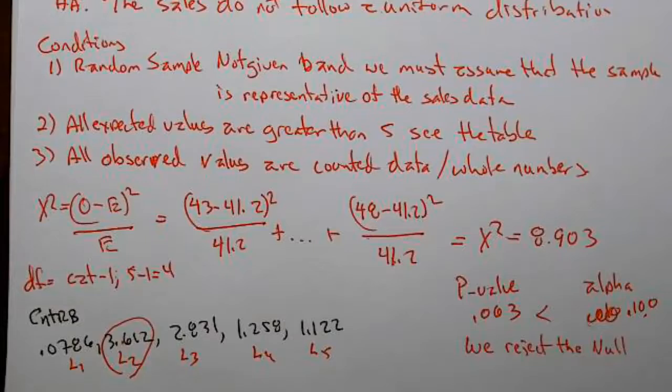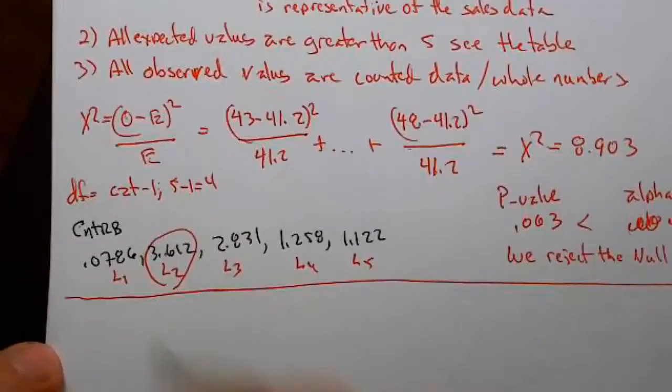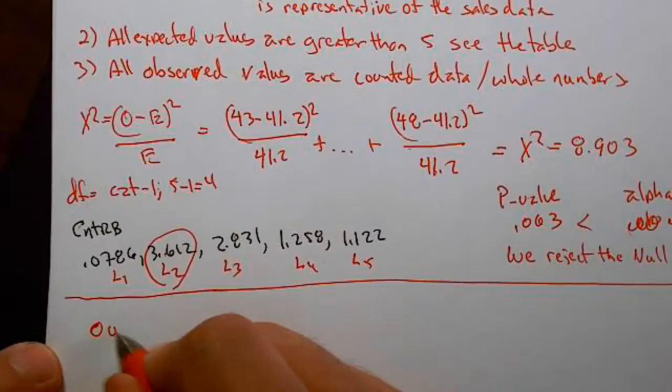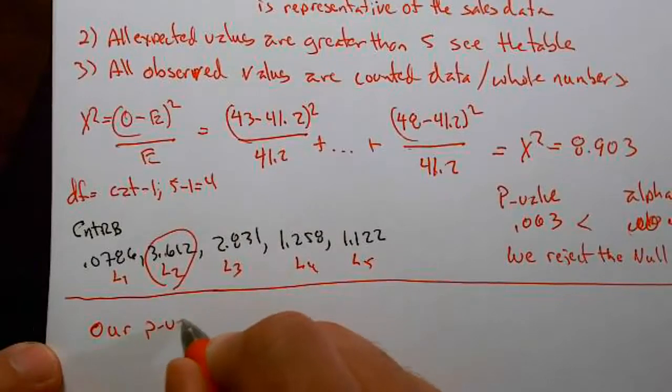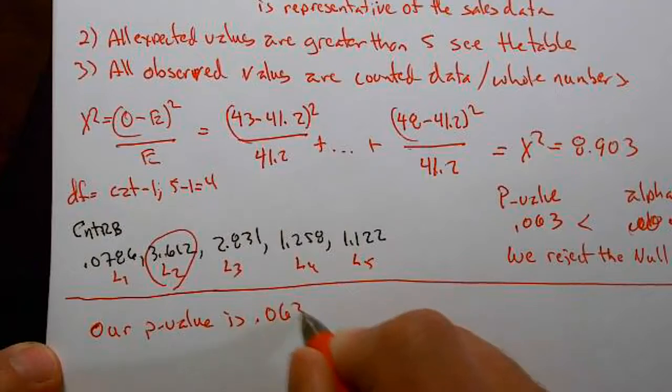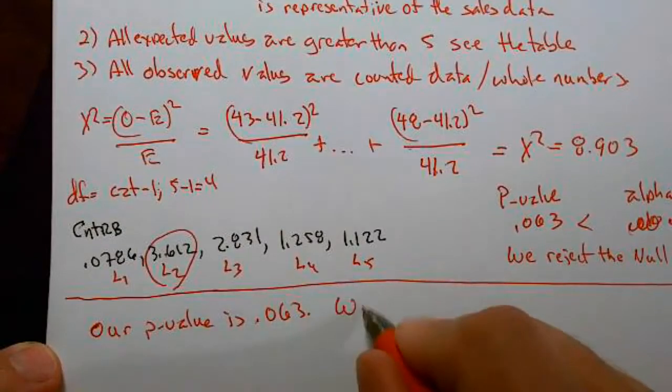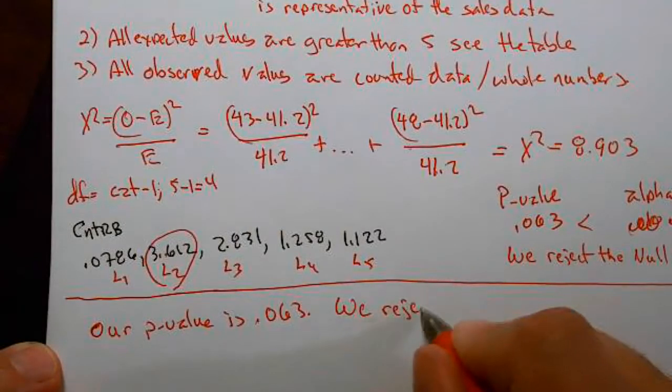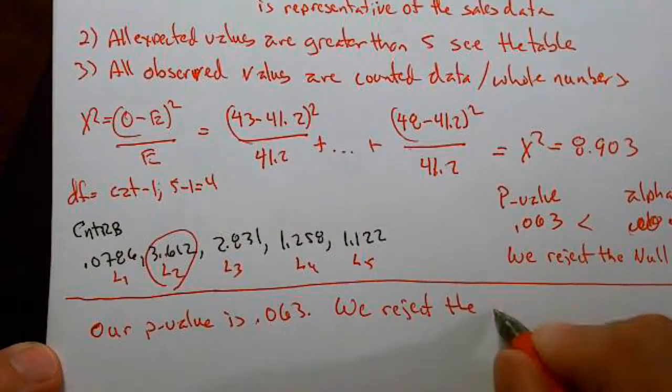So our conclusion. Our p-value is 0.063. We reject the null.